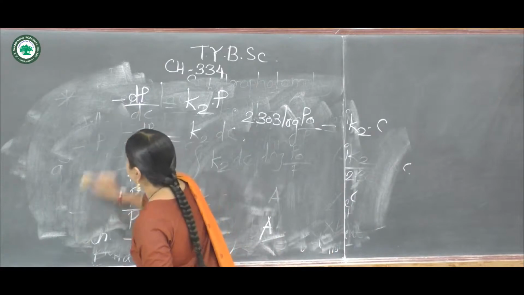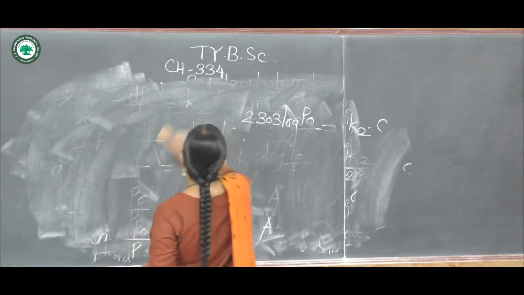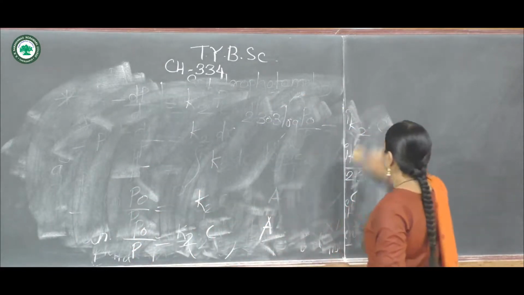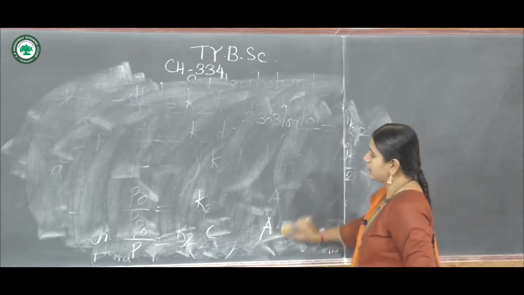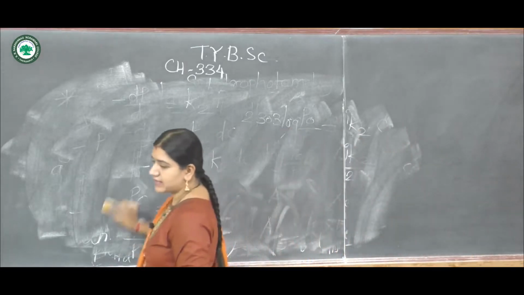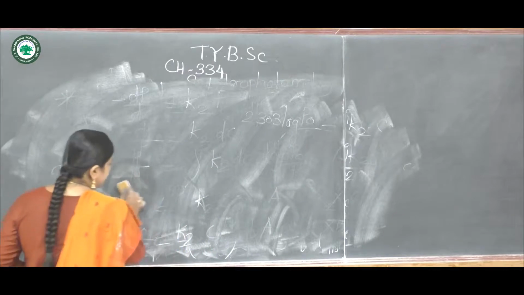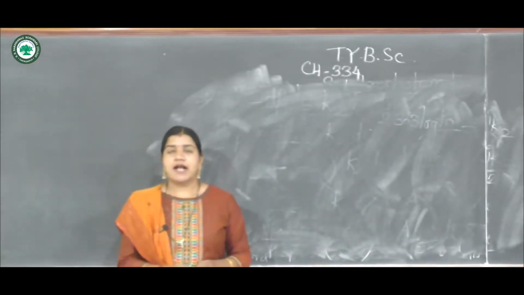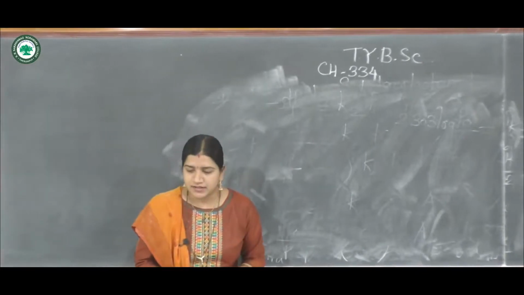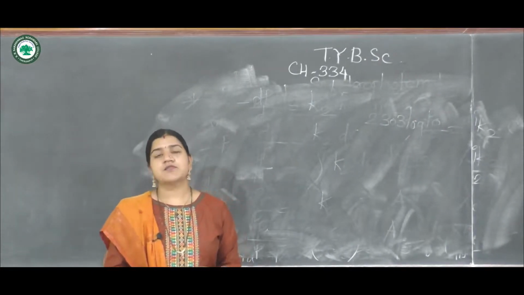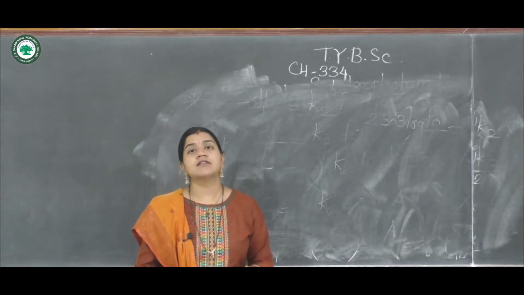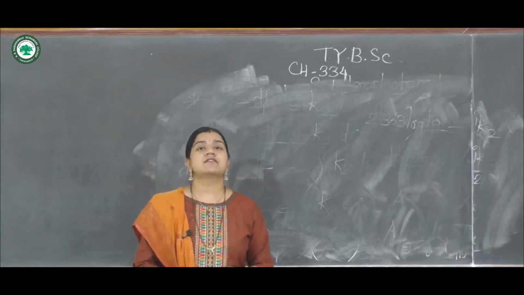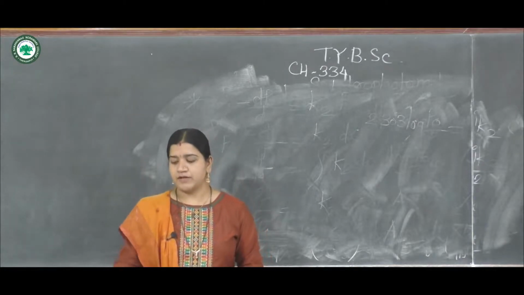Lambert-Beer law is the combination of Lambert's law as well as Beer's law. It deals with the relationship between the radiant power of the incident light as a function of both the thickness of the medium as well as the concentration of the medium.